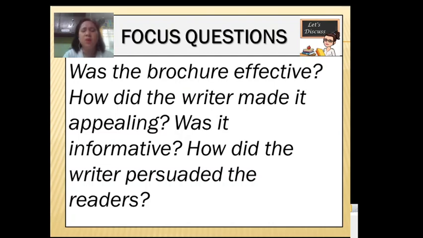Do you think all the necessary information about the coffee shop is written there? If you are going to make it more informative, what other details would you add? Next, how did the writer persuade the readers to go to Sawada Coffee? If you were the one making that brochure, how would you make it more persuasive?